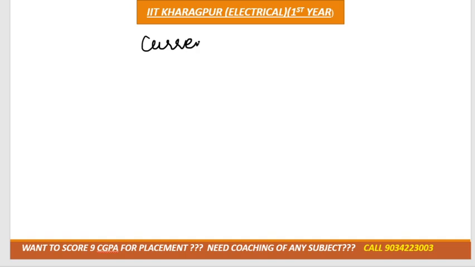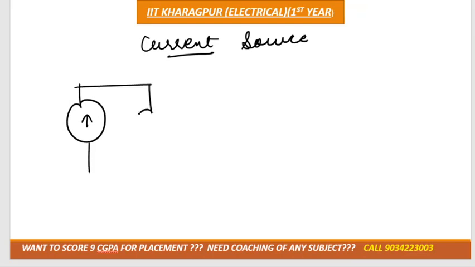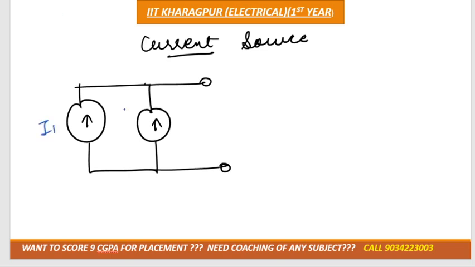Next one, I will tell you about the current source. If two currents are in parallel, then as you know, according to Kirchhoff's current law, these currents would be added with each other, and the final answer is I1 plus I2, right?